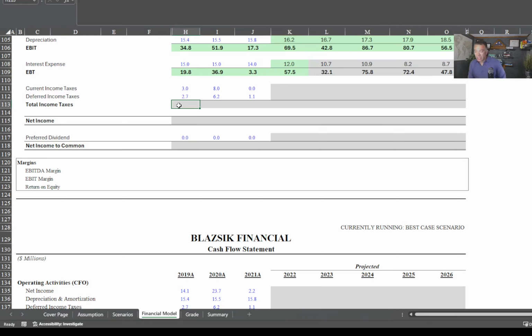Next is our total income taxes. You got two kinds of taxes. We got current taxes that we actually had to pay, and then we got, because of timing differences, the government lets us defer the tax to a later period. We got deferred income taxes for some other time. So what we're going to do is sum those up.